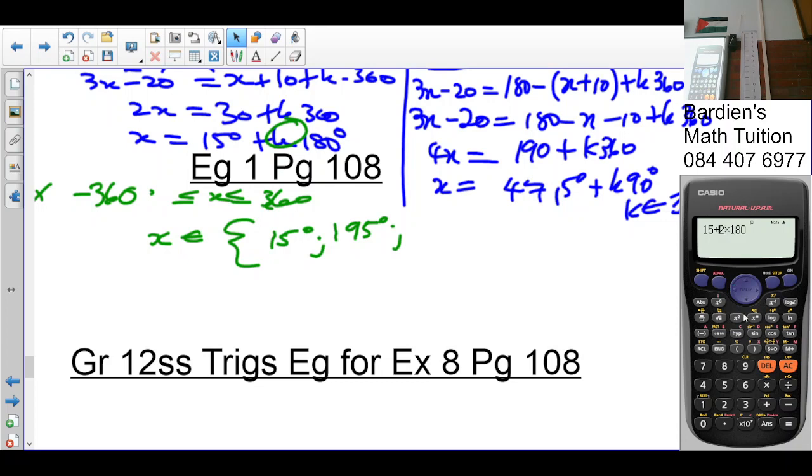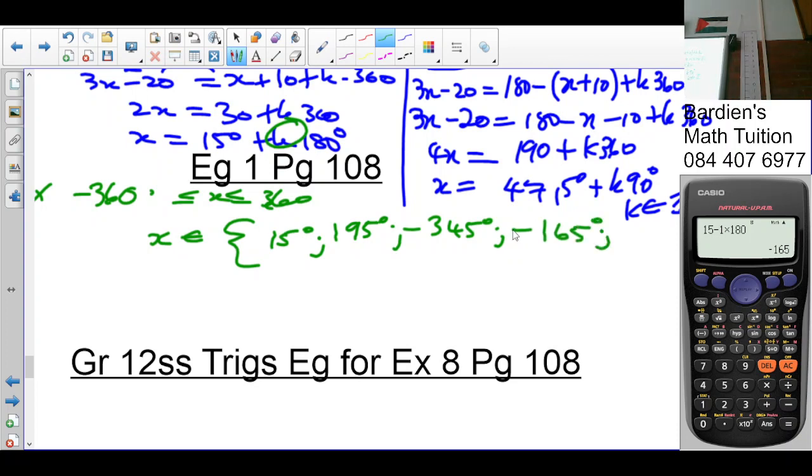Let's try negative 1, which gives negative 165. Negative 3 is definitely less than negative 360, so it is not working.